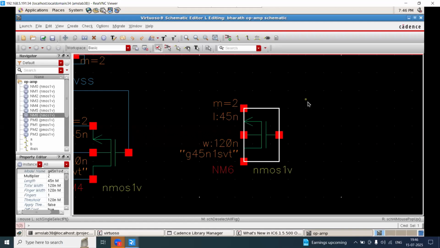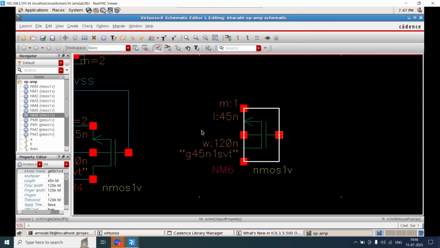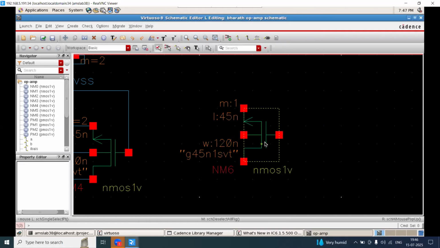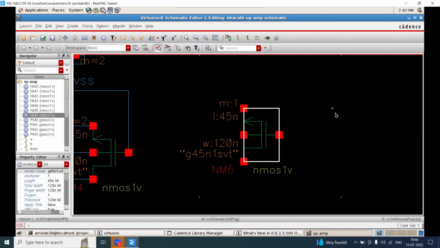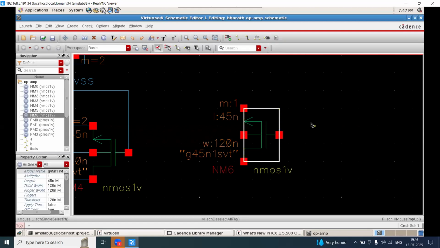We need to have a single multiplier only, so make it a single multiplier device. Here if I want to make a series dummy or series stack dummy, just copy this one.